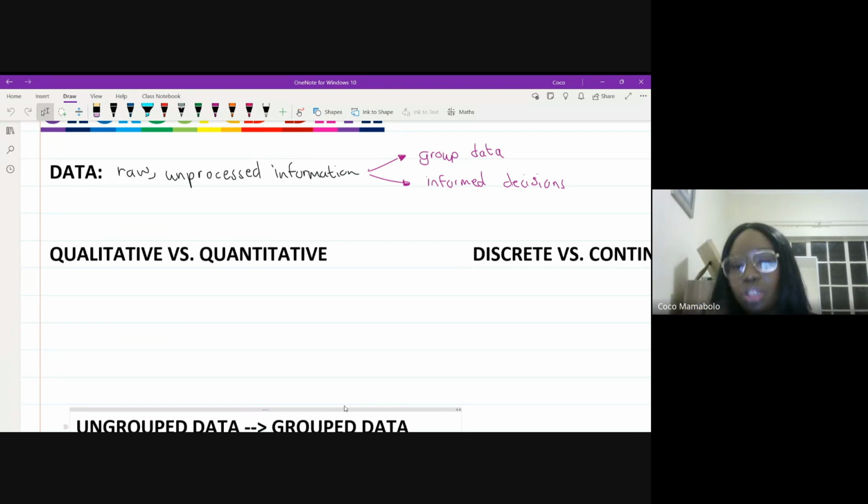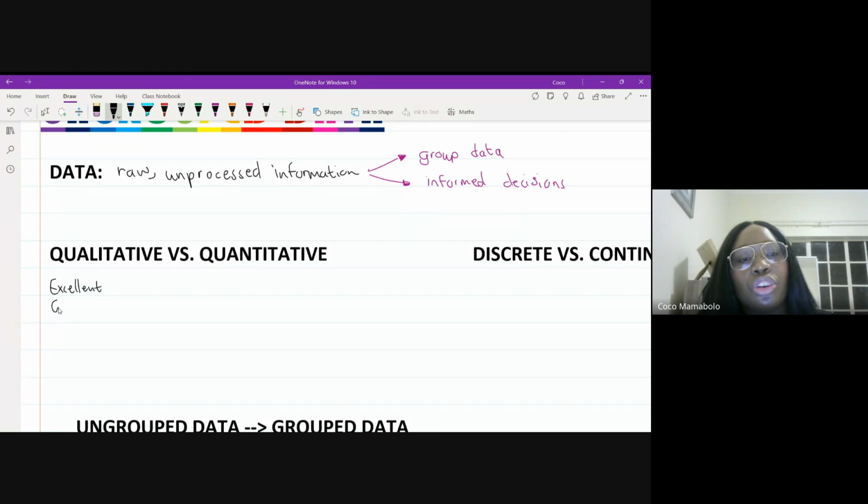So, qualitative data is, let's say, for instance, you go to Typo, right? And then once you're done, Typo normally sends an email and they'll be like, rate our service. And then they'll ask you something like, how was the service? Was the service excellent?